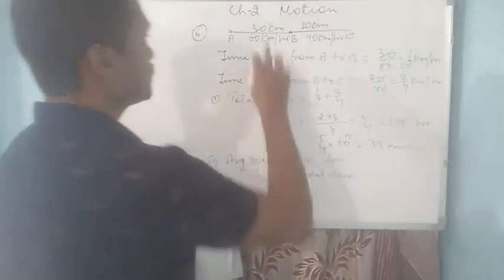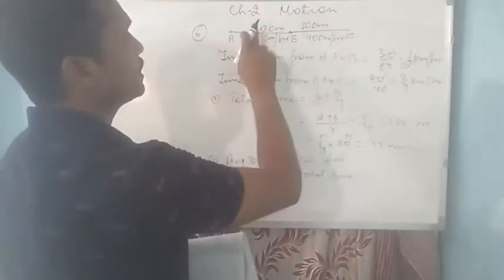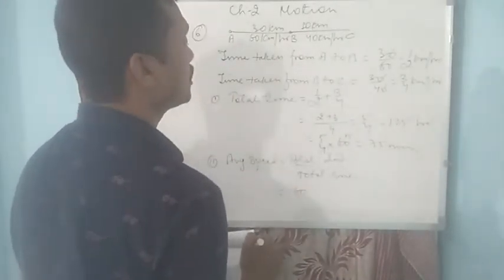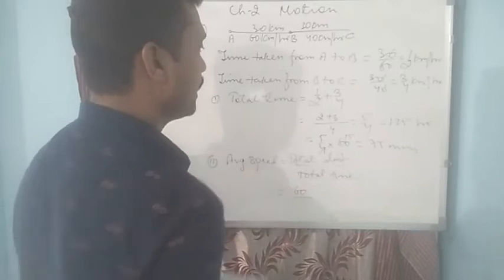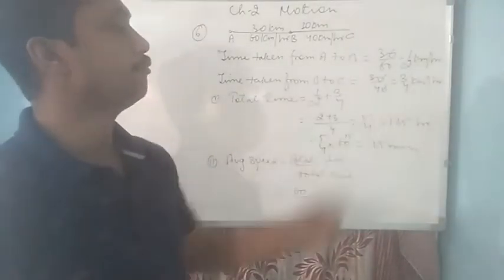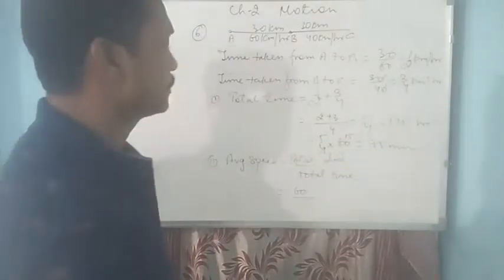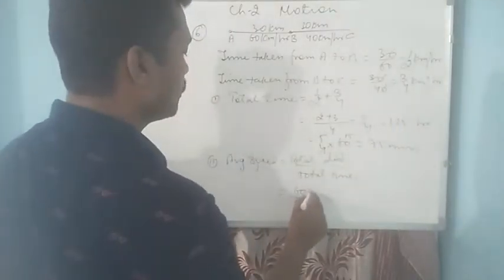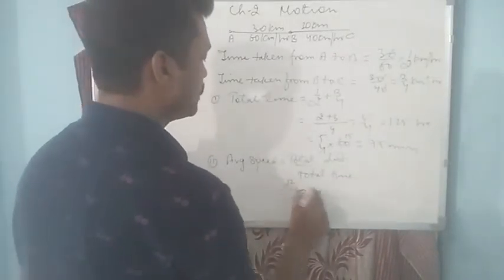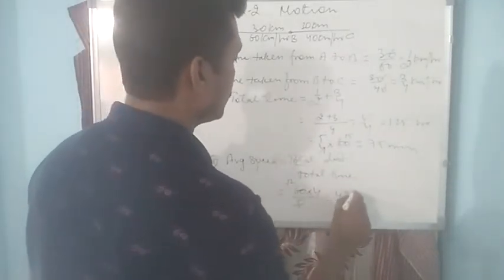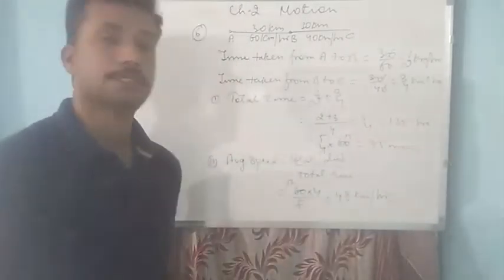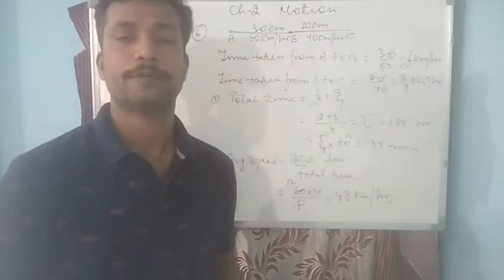So total distance from A to C means 30 plus 30, which is 60 km, and the total time you can see is 5 by 4. So it will be 60 divided by 5 by 4. 4 can be taken in the numerator. So 5 twelves are 60, 12 fours are 48 km per hour. This is the average speed. Hope it is clear.